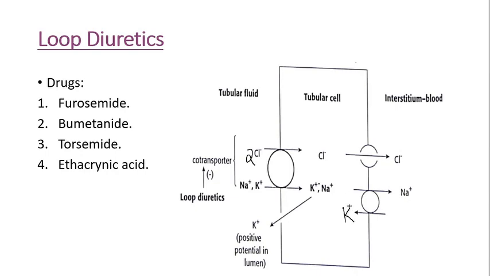And this potassium goes out towards the tubular fluid through potassium channels over here. This causes a more positive charge in the lumen, and to balance out this positive charge, calcium and magnesium follow through the paracellular route.